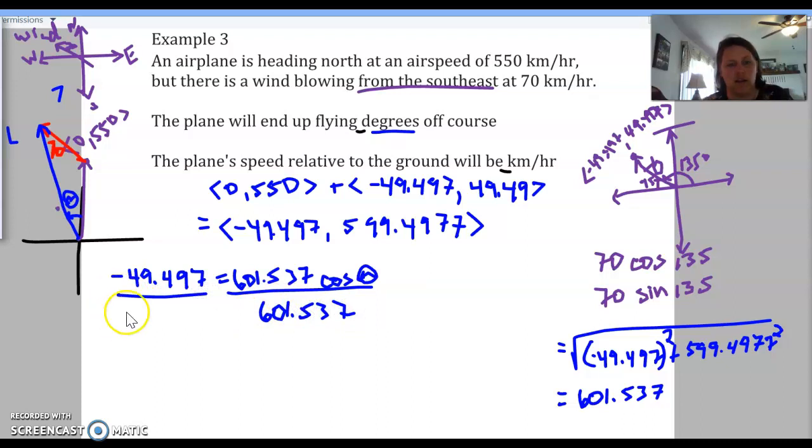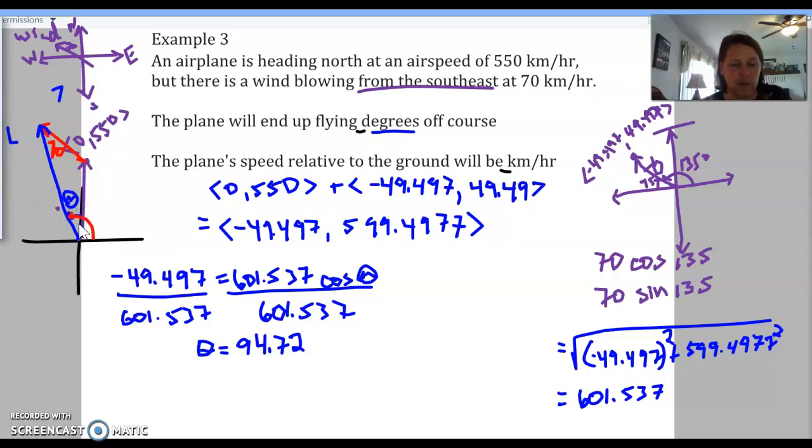Then take the arc cosine of both sides, and we want the first solution, which is 94.72. But that's not going to be our answer. We've got to be careful here, because what this gives me is the value from the x-axis all the way around.